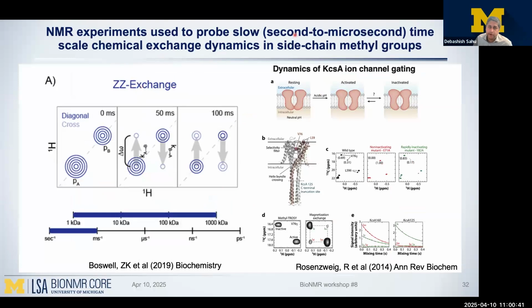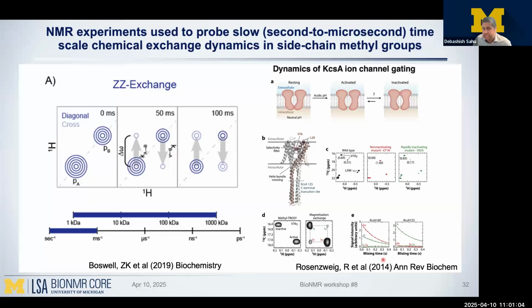The first thing that I would talk about is something called ZZ exchange spectroscopy, which gives you information on the second to millisecond time scale. So you have two different populations, PA and PB, and if they are in equilibrium, the system goes from population A to population B and population B to population A, and you would collect this particular experiment.